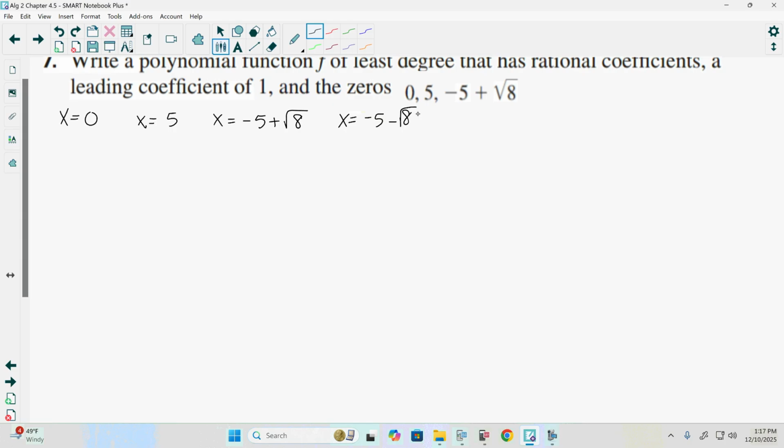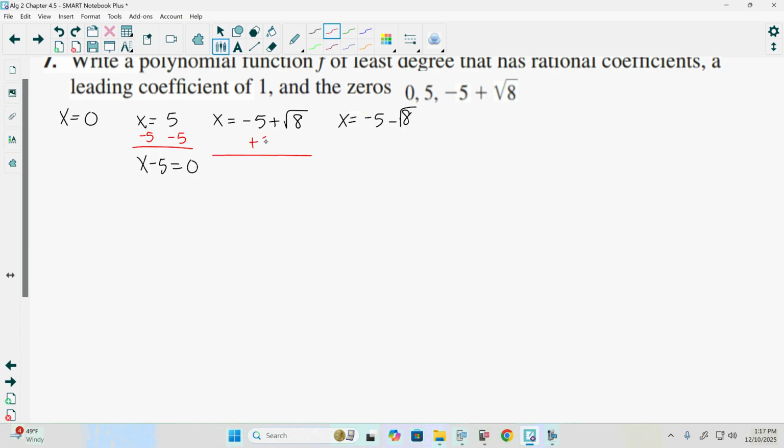Now, once we get them all set up, we get all four, we need to get each one of these equal to 0. Now, luckily for us, x equals 0 is already done. Now, the x equals 5, we would have to subtract 5, telling me that x minus 5 is equal to 0.